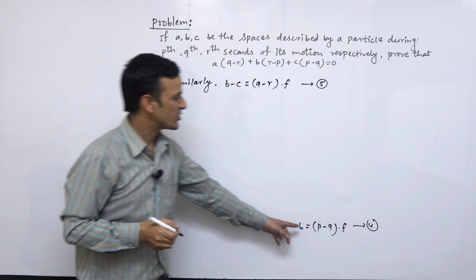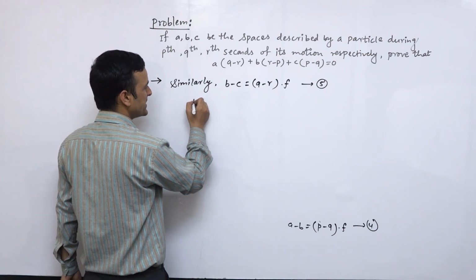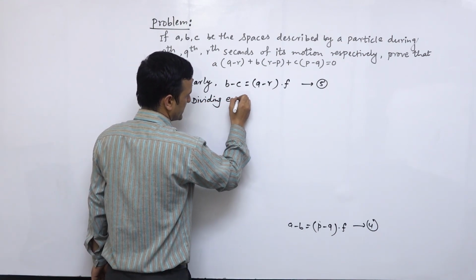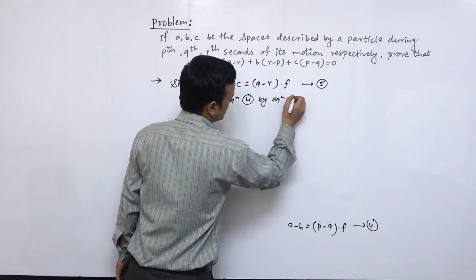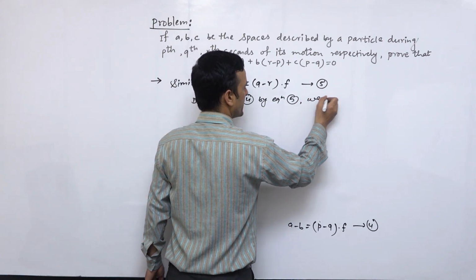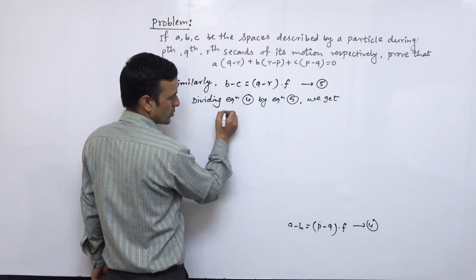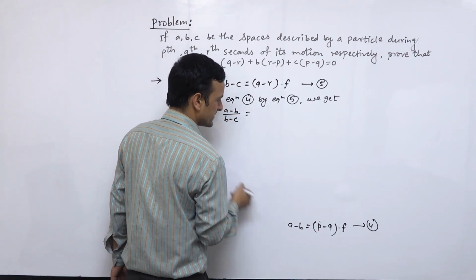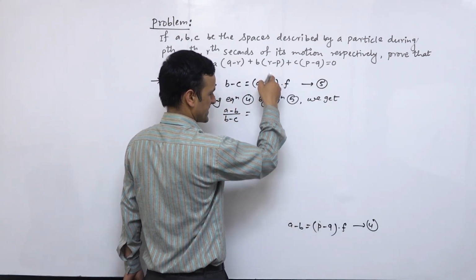Now dividing this equation and this equation. Now we can divide it. So dividing equation 4 by equation 5, then we get a minus b divided by b minus c, this divided by this, and this divided by this.